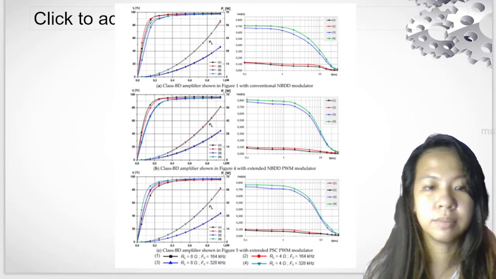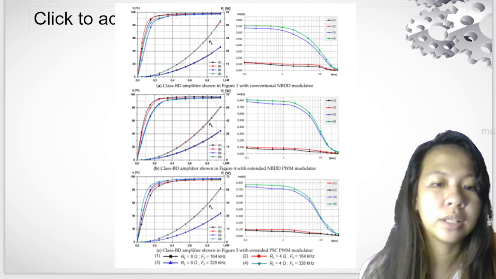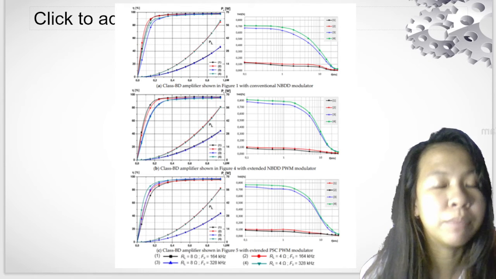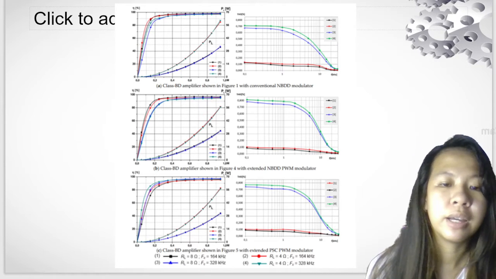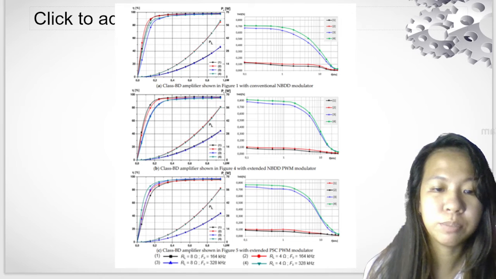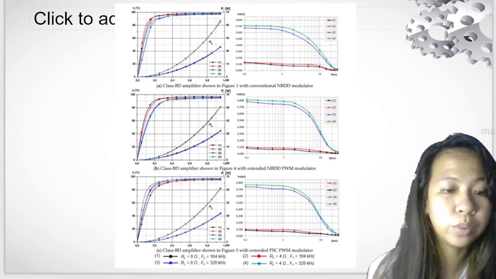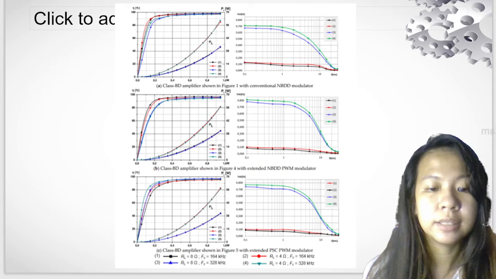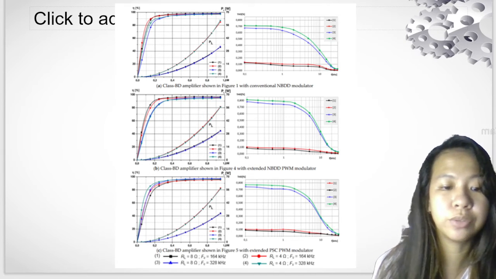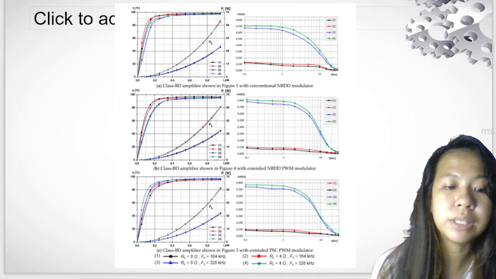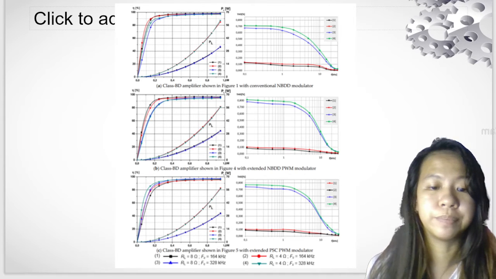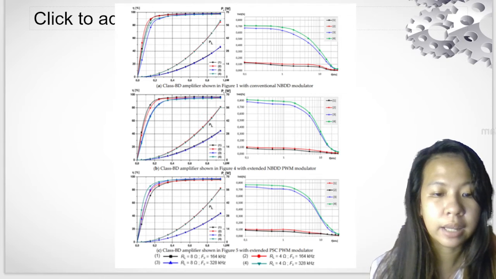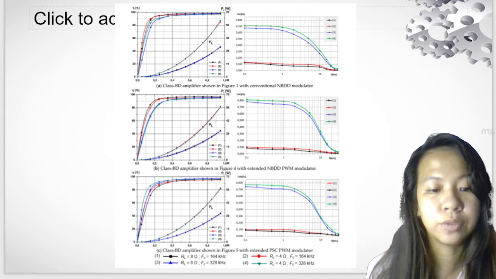So here is diagram A, the Class BD amplifier shown in figure 1 with the conventional NBDD modulator. In diagram B, the Class BD amplifier shown in figure number 2 with the extended NBDD PWM modulator, and in C, the Class BD amplifier shown in figure number 5 with the extended PWM modulator, wherein in 1, R_L equals 8 ohms and f_C equals 164 kHz.